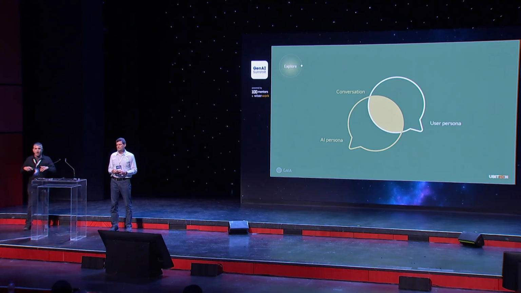And once I become that user persona, then I start to figure out the middle part. What's the ideal conversation I would like? And once I got that, then I start thinking about how the AI will act and behave and what constraints are needed.